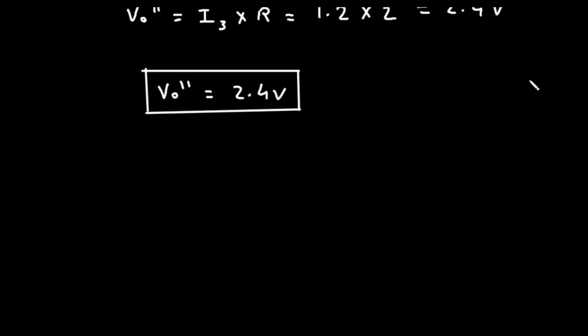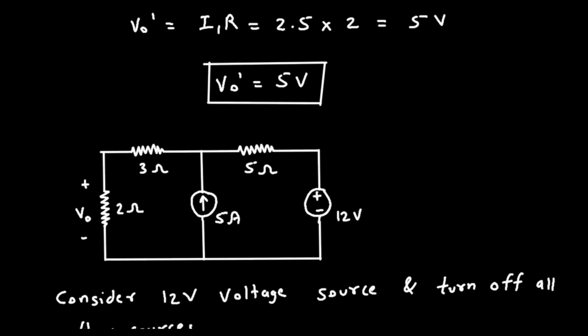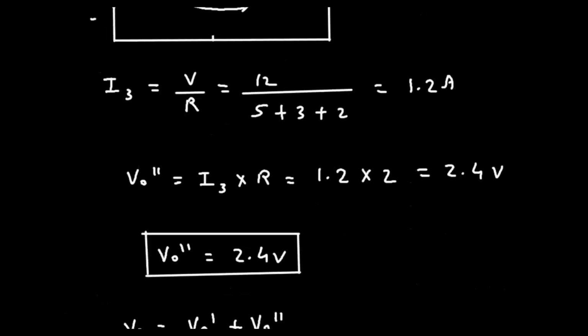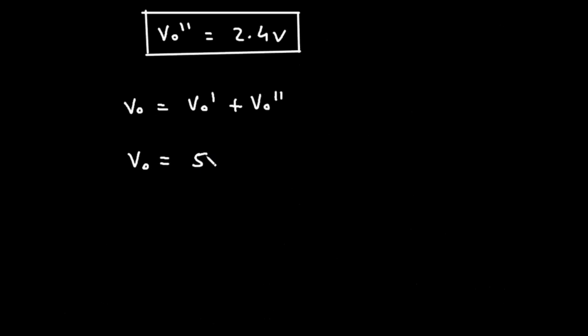So to find the value of VO, we need to add VO prime plus VO double prime. So VO is equal to the value of VO prime, 5 volt, plus VO double prime, 2.4 volt.